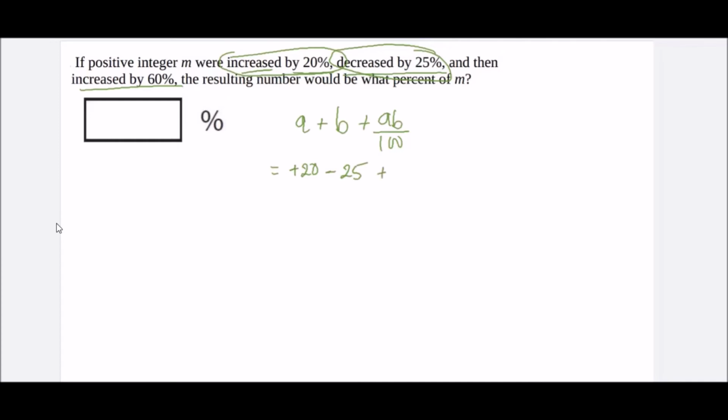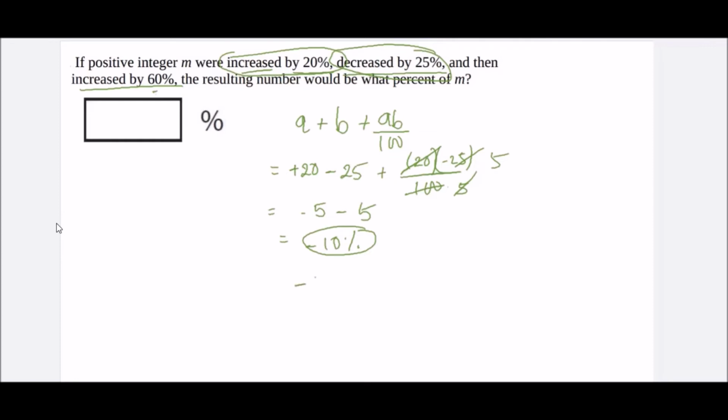So plus, A is positive and B is negative, divided by 100. It will become minus 5, and this value also becomes minus. We have to solve this. 25 times 5, it will be minus 5. So minus 5 will become minus 10. Then consider this minus 10% with an increase of 60%.